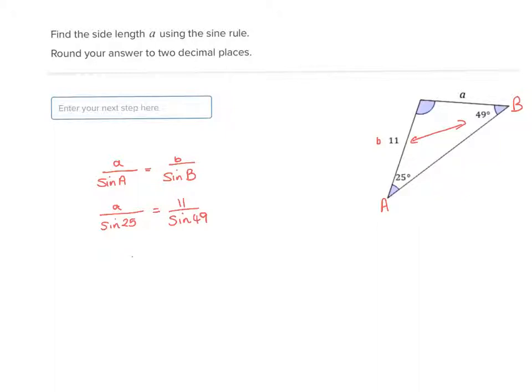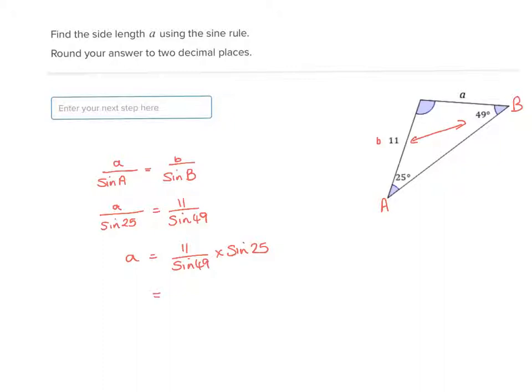Now what I would do at this stage is you must write this line, that line I've done there for working out, but what you could do now is just go into your E activity and say, put the dot next to little a, say that big A is 25, little b is 11, and big B is 49, and press solve, and it will do it for you. Or you can rearrange this and put it into your calculator by bringing up that sine 25. Putting that into your calculator, and it will give you the answer as well.